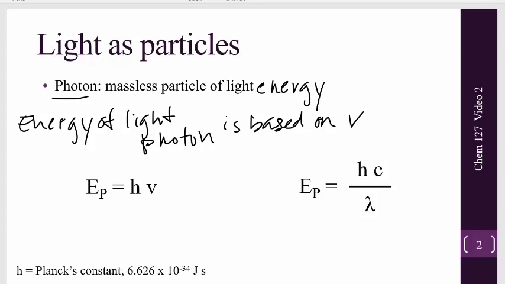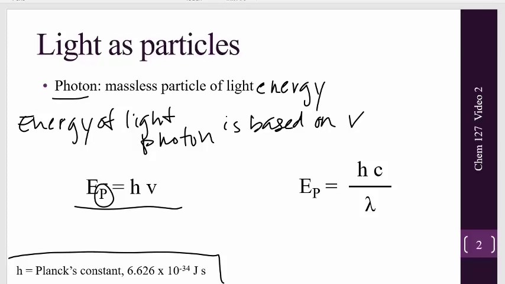So here we have an equation for the energy of a photon. So that's what this P is standing for. It's related to the frequency, and it's related through this constant called Planck's constant, named for discoverer Max Planck. And you can see that here, and it's also present on your equation sheet.